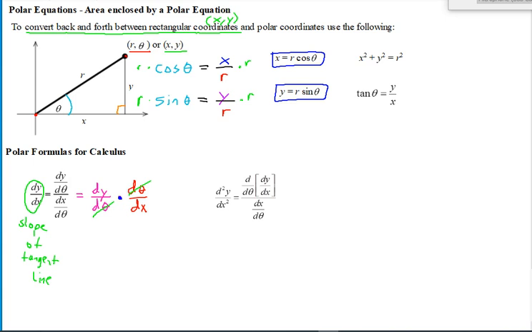And the second derivative, this one, I haven't ever seen it on the AP test asked before, but they could ask you for the second derivative of a polar coordinate. And if they did, you would have to find the derivative of the first one. So you can see that would give you d squared y and then d theta times dx. But that's not what we want.